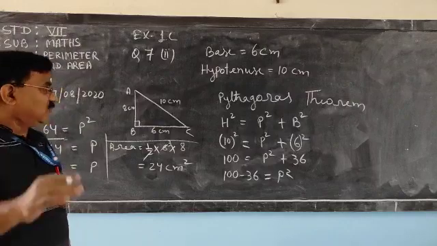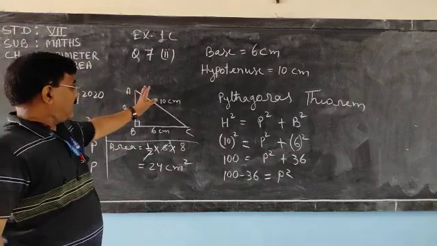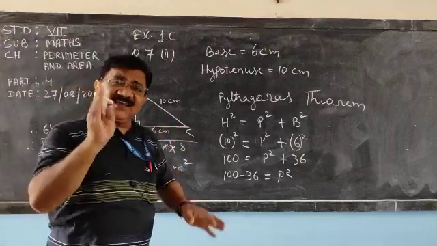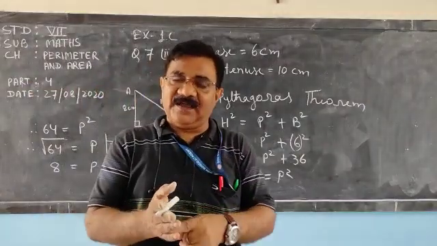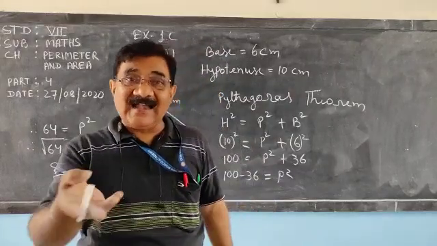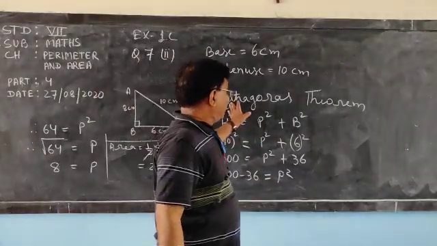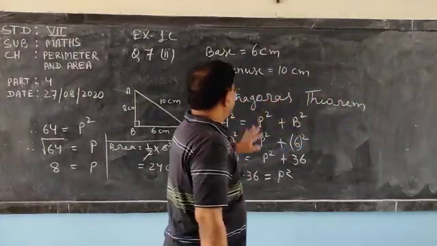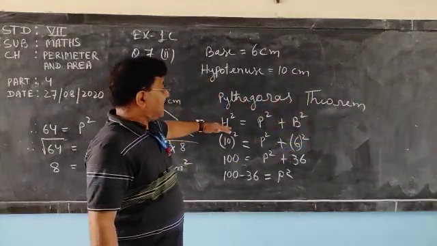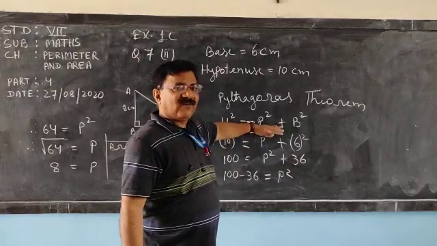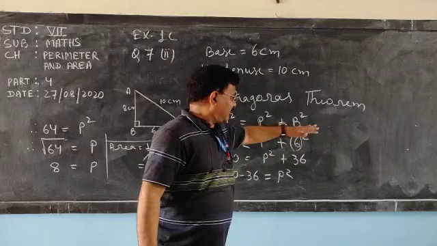Dear children, once more try to understand. If a right angle triangle is there and any one thing, either base, hypotenuse or perpendicular, is removed and you are asked to find it, we will use the Pythagoras theorem. According to the Pythagoras theorem, hypotenuse square is equal to perpendicular square plus base square.